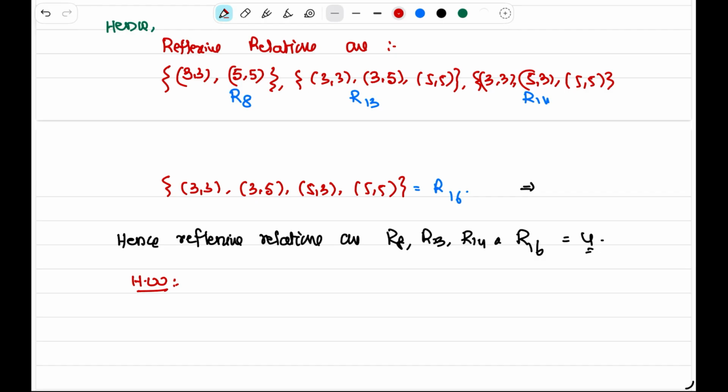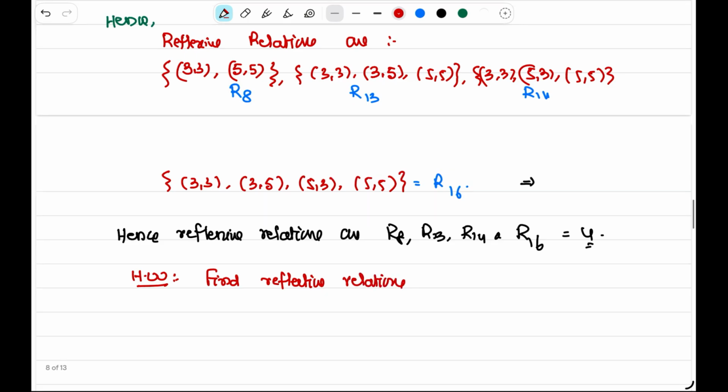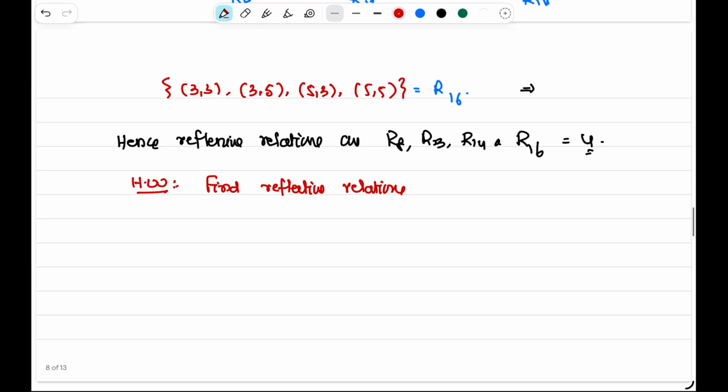On the same lines, find reflexive relations in the Cartesian product of A cross B if A is equal to {3, 5} and B is equal to {7, 8}.